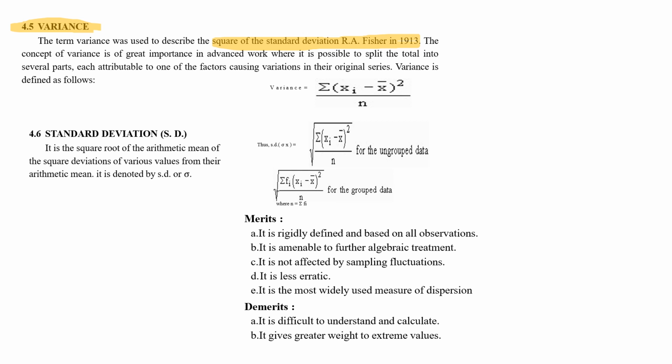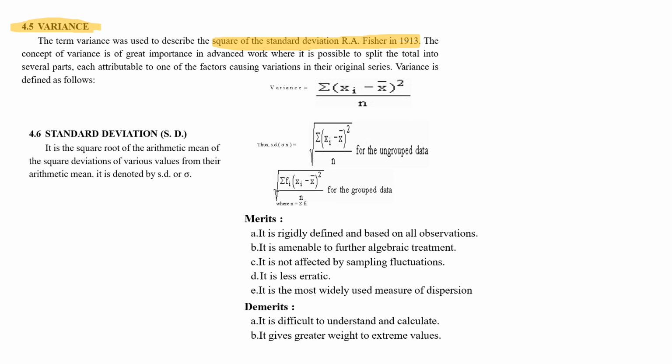The square of standard deviation is known as variance. R.A. Fisher in 1913 found it. The concept of variance is of great importance in advanced work where it is possible to split the total into several parts, each attributable to one of the factors causing variations in their original series. Variance is the square of the standard deviation.